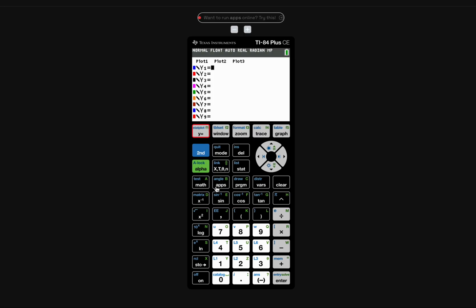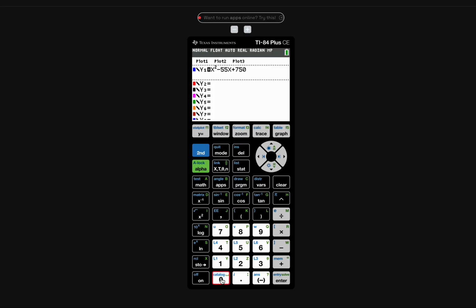We would just type that in this first line. So we can do alpha, and then this button is x squared minus 55x plus 750, and then that's it.